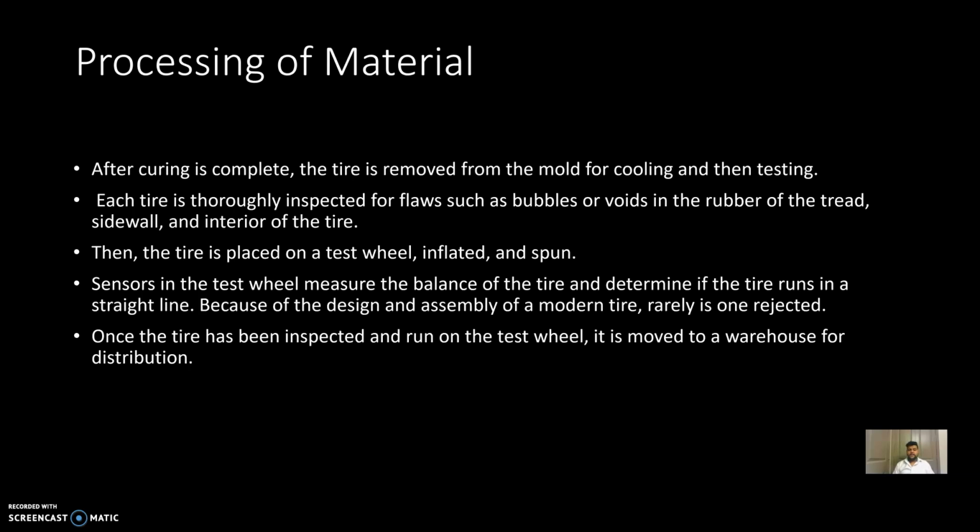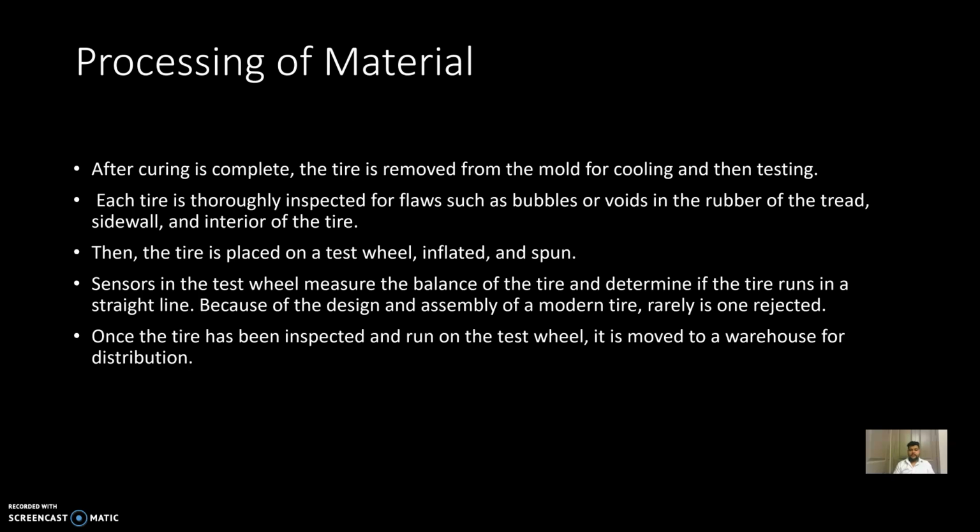Each tire is thoroughly inspected for flaws such as bubbles or voids in the rubber of the treads, sidewalls, and the interior of the tire. Then the tire is placed in the test wheel, inflated and spun. Sensors in the test wheel measure the balance of the tire and determine if the tire runs in a straight line or not.